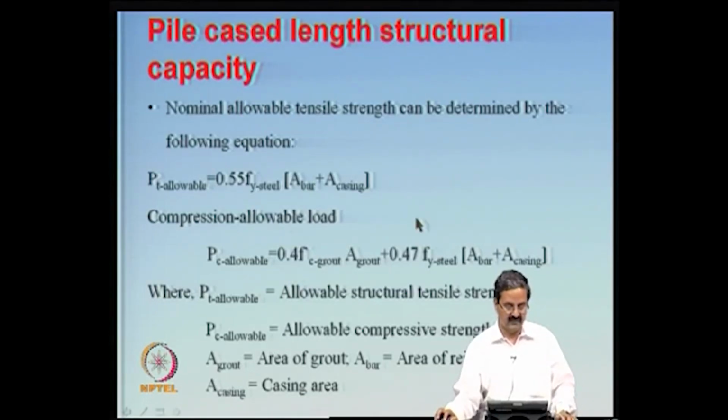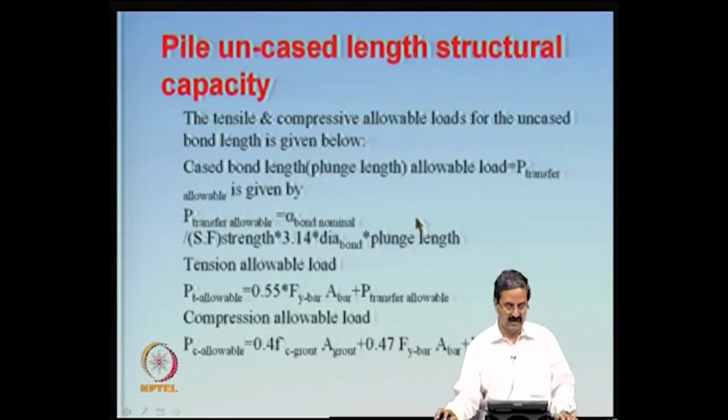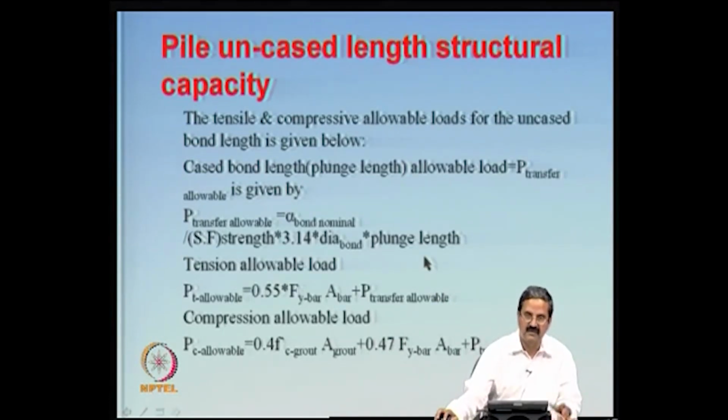Once you have this information, even for uncased micropiles one can get similar expressions. There are two types, cased and non-cased, without casing. Without casing also one can do the simple calculations, with skin friction as the basis.